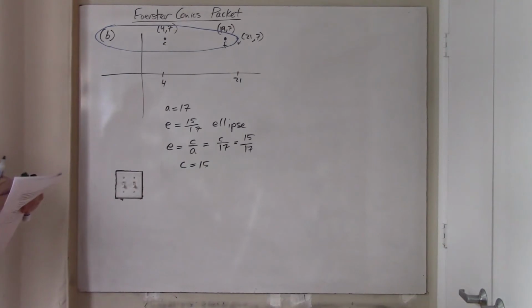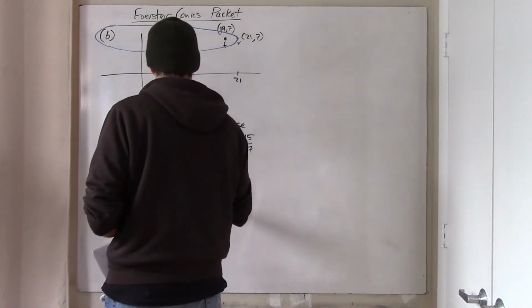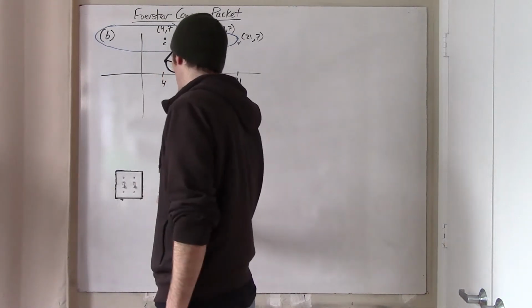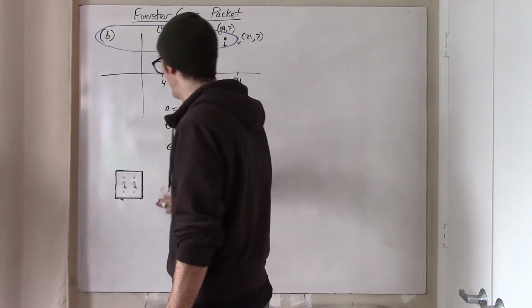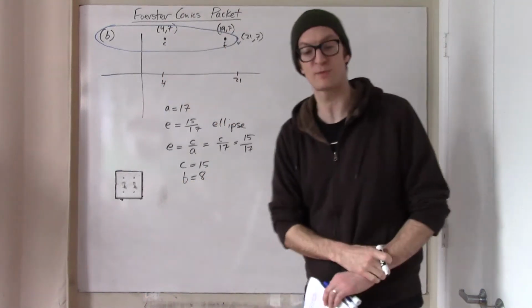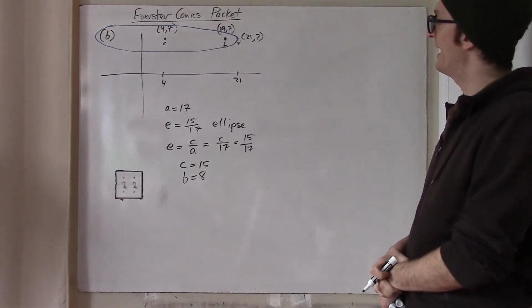And if a is 17 and c is 15, then what's b? Well, b then has to just be 8, because 8, 15, 17 is a well-known Pythagorean triple.